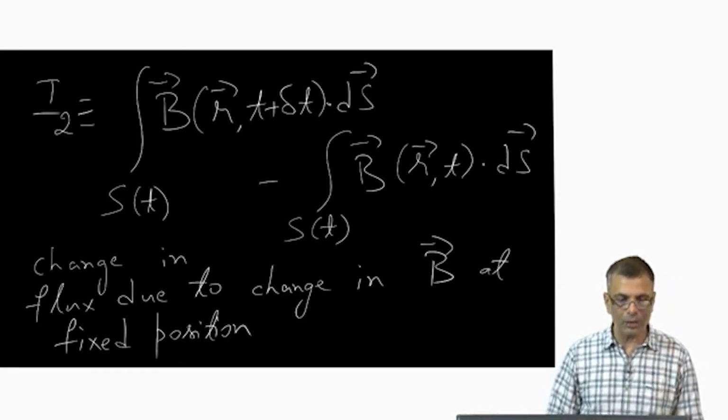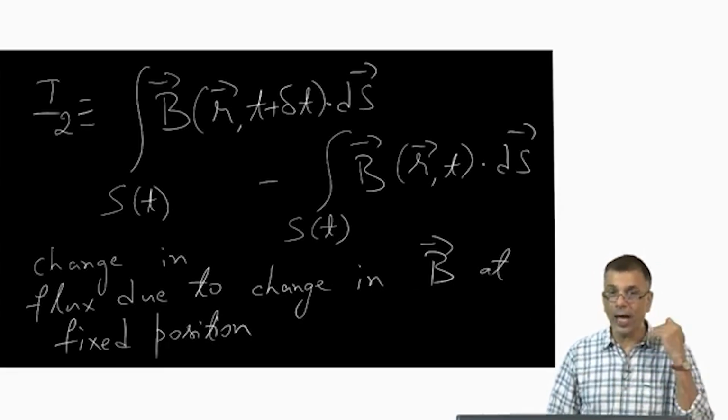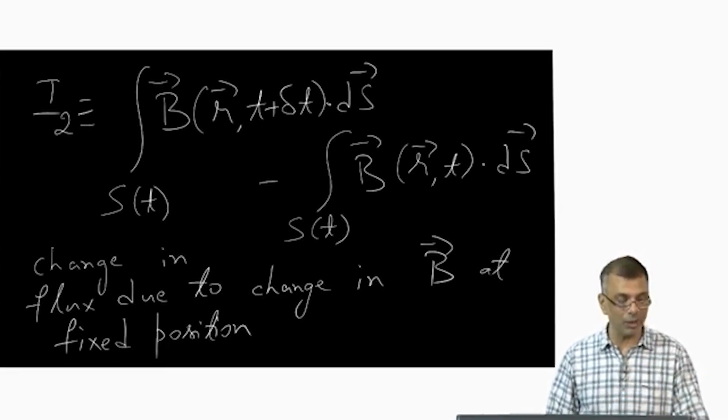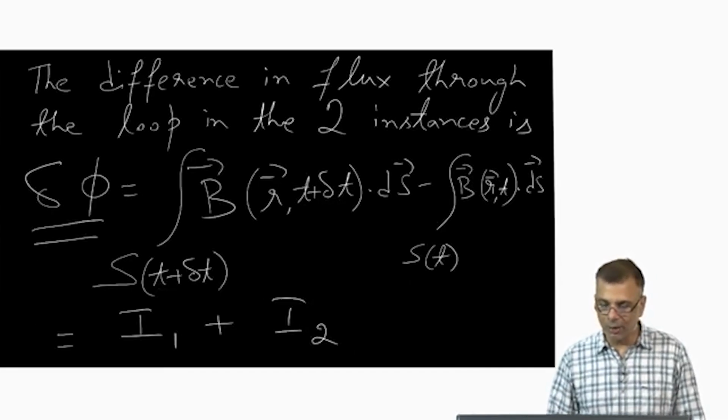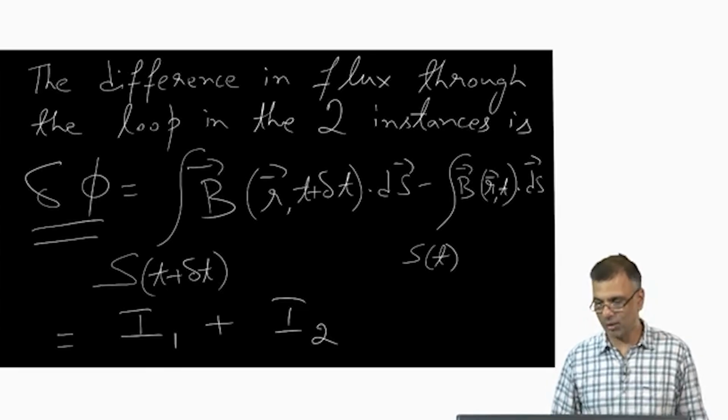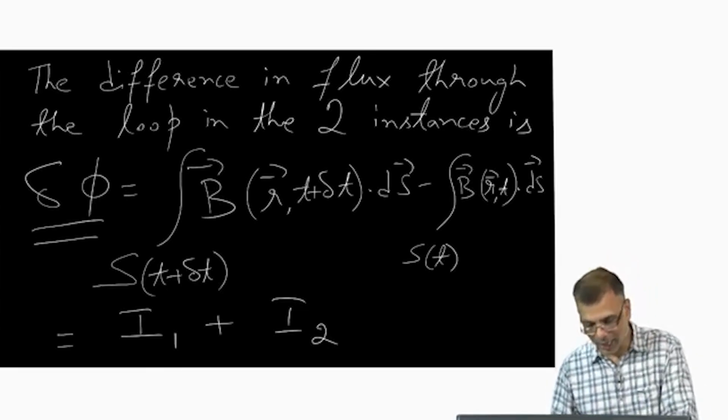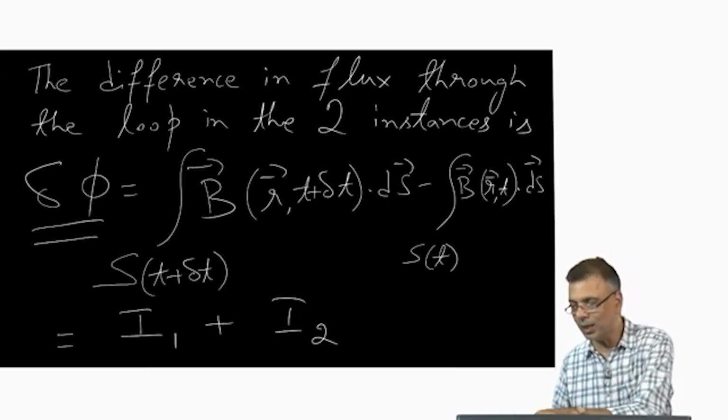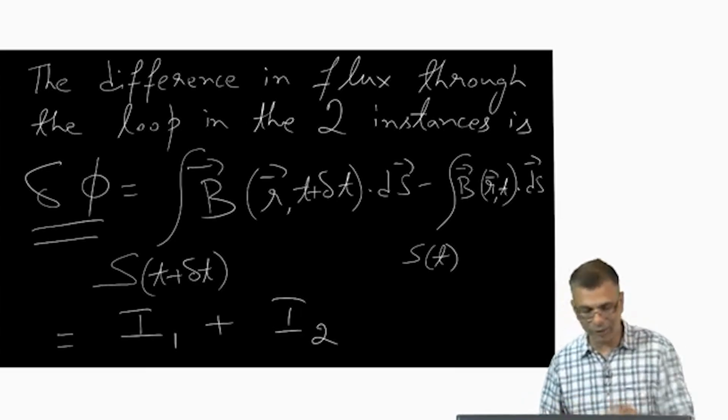The main thing is that the change in flux is due to the change in loop position as well as the change in magnetic field. At the end of the day you wanted B(r, t plus delta t) dot ds at s(t plus delta t) minus B(r, t) dot ds at s(t).